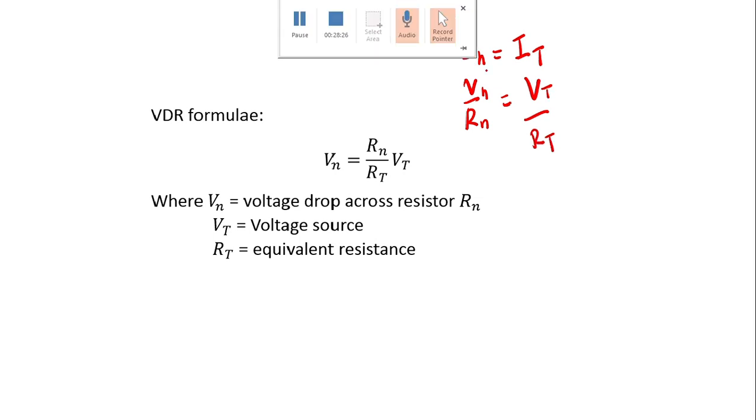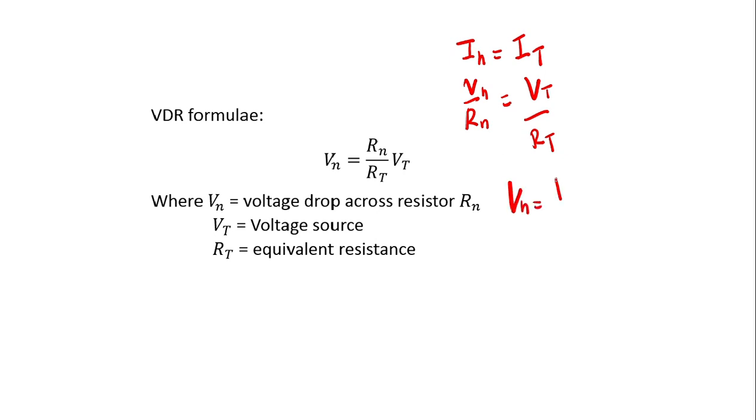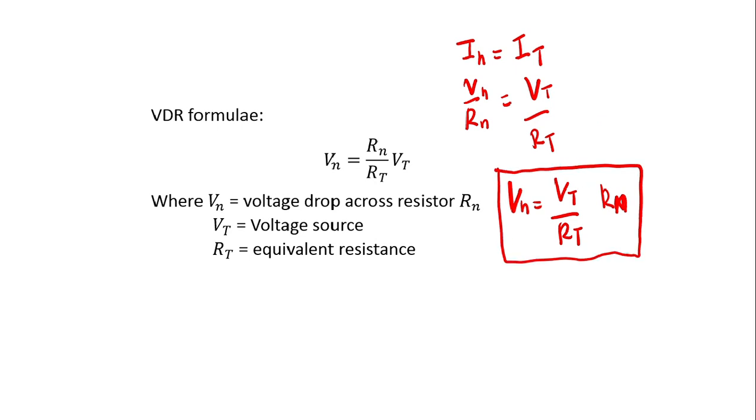So kita nak cari VN, V across which resistor. So VN sama dengan VT over RT times RN. Okay, so ini adalah voltage divider rule.